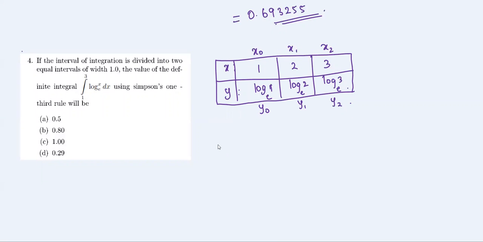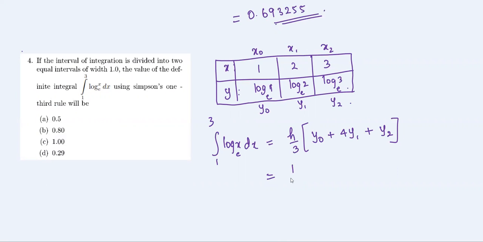Now, according to Simpson's 1/3 rule, the approximation is h by 3 into y naught plus 4y1 plus y2. So h is 1 by 3, y naught log 1 is 0, plus 4 times log 2 to the base e, plus y2 is log 3 to the base e.